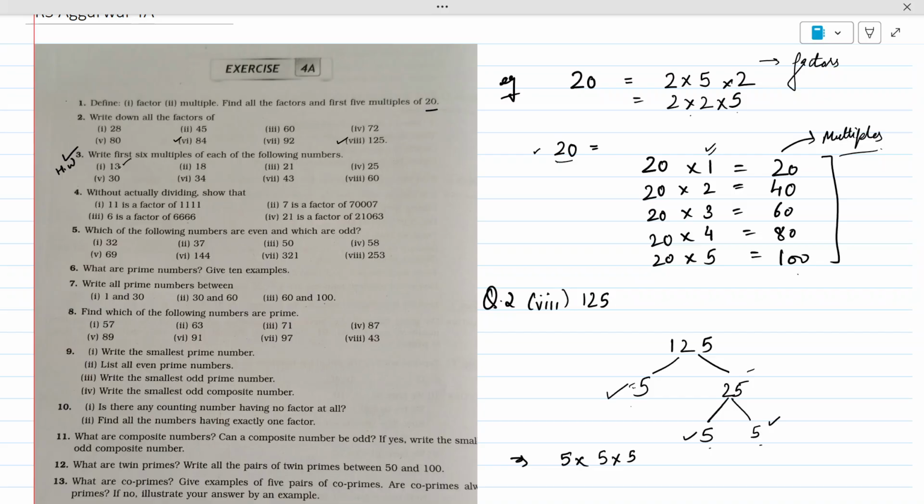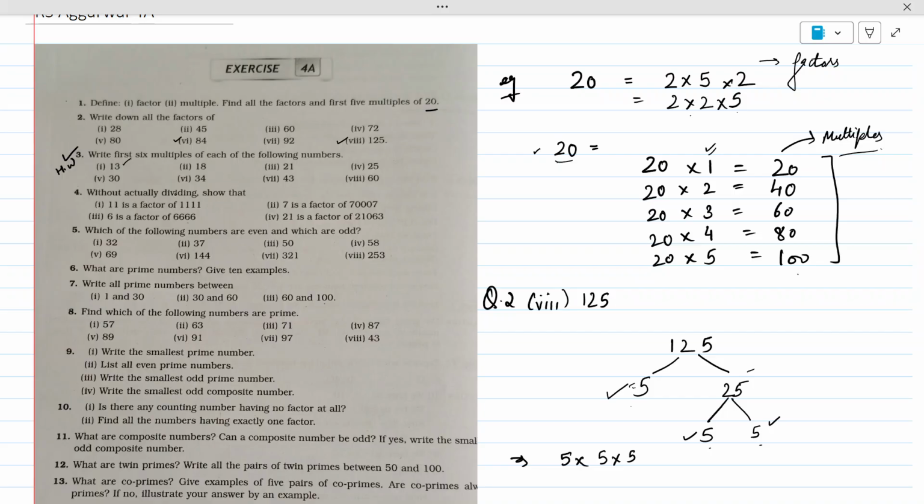Like if I take the example of 13, you have to do 13 multiplied by 1, it will give you the multiple, and you have to do this for the first 6 multiples, that is till 13 multiplied by 6. Same you have to do for all the numbers. You have to multiply them with the whole numbers starting from 1 to 6.